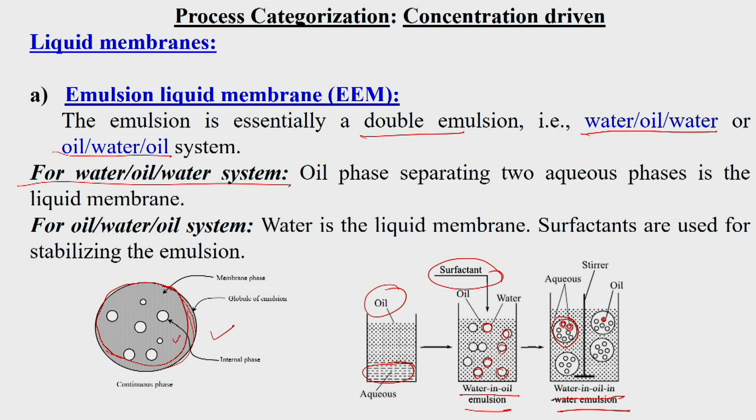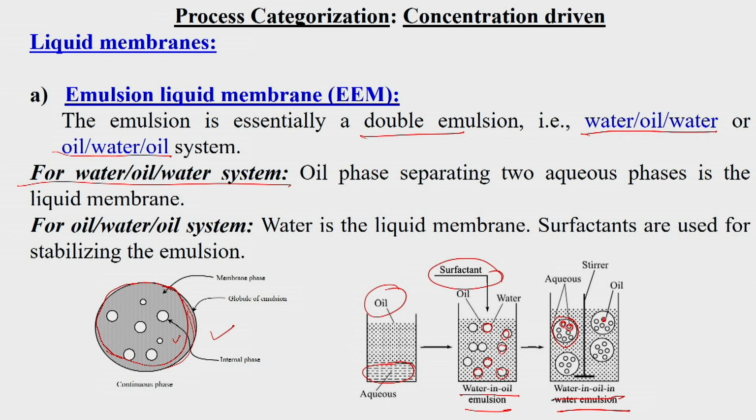The target component which will be separated using this liquid membrane will be entrapped inside this emulsion. Suppose we are trying to trap a dye from an aqueous solution. Then the aqueous solution will be the feed, and inside this feed we generate a water-oil-water emulsion. The oil will make one layer, and the water inside will have some amount of either sodium hydroxide, sulfuric acid, or any other compound which can form a complex with this dye.